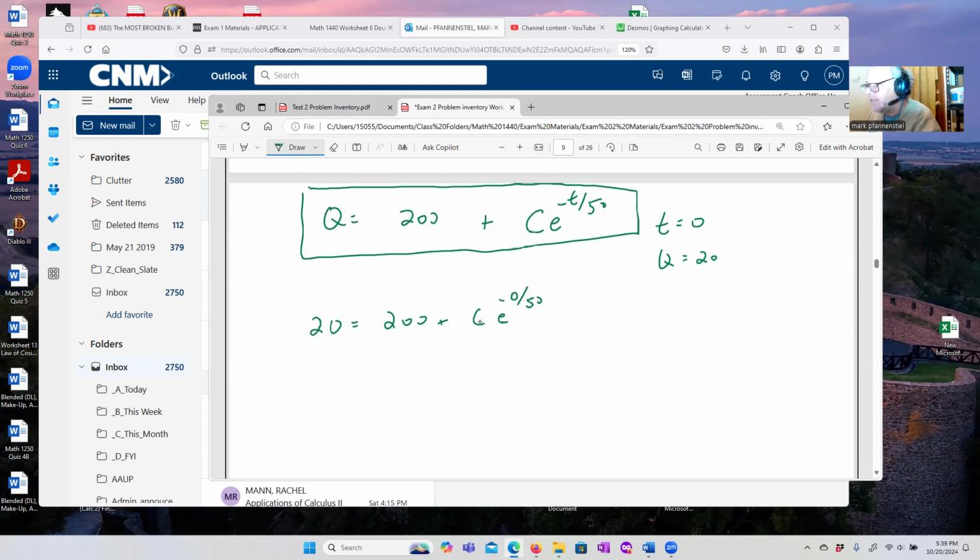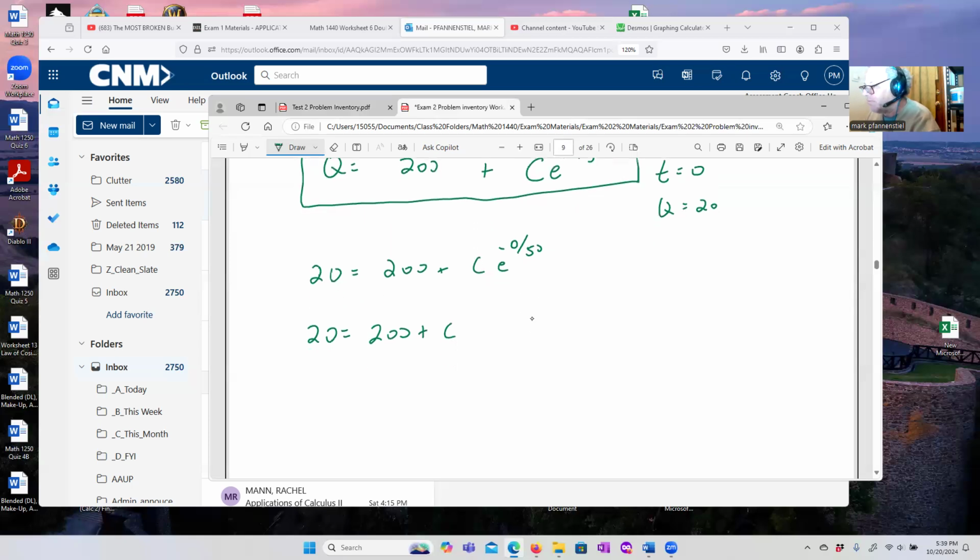So we get 20 equals 200 plus c, and that term is just 1, so c is equal to 20 minus 200, which is negative 180. Going back to our original problem, q is equal to 200 minus 180 e to the negative t over 50.